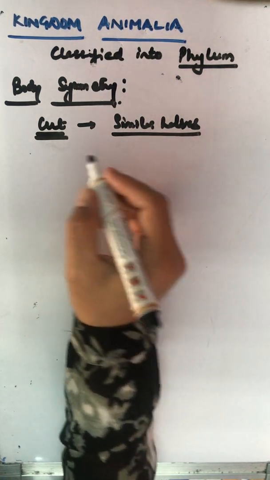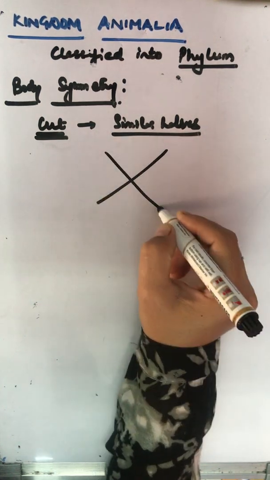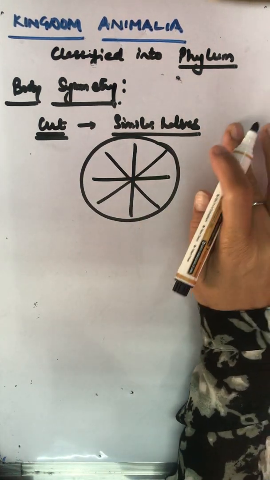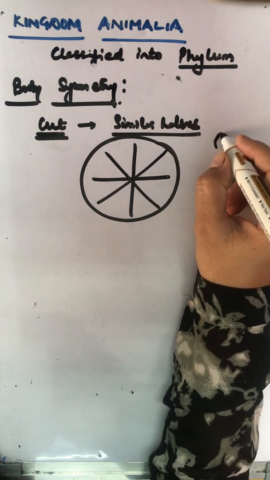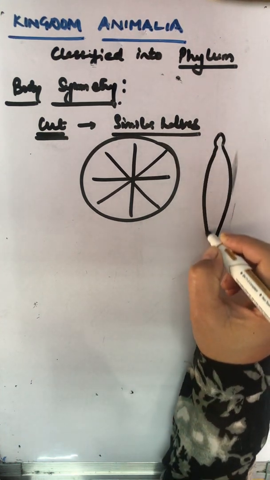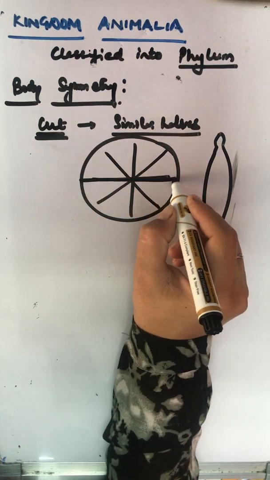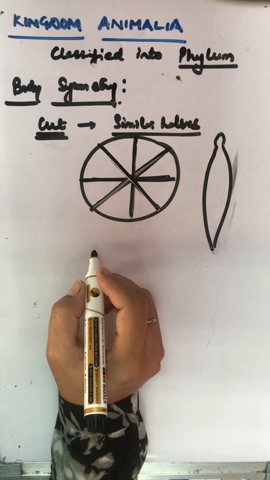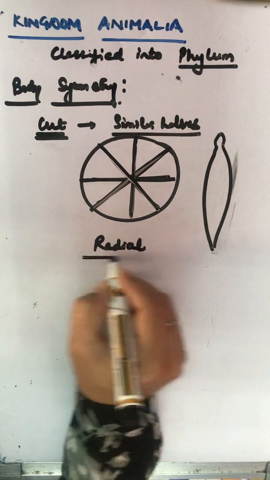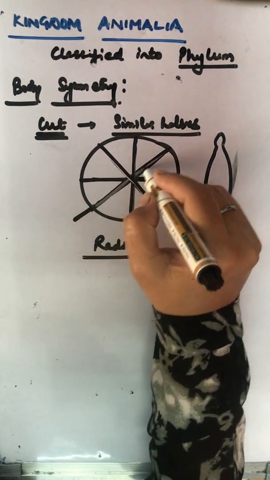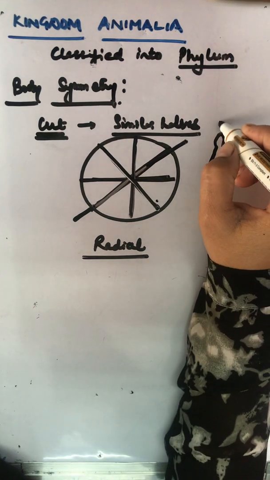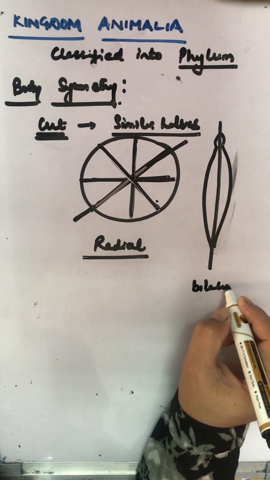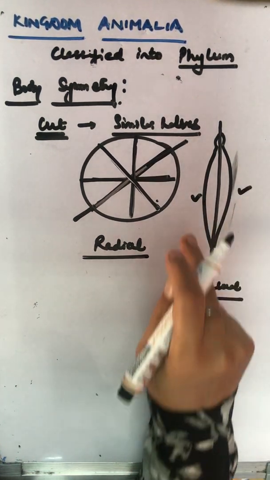If the body can be cut into two equal halves in any plane, that is called radial symmetry. If the body is cut into two halves only in one plane, that is known as bilateral, where each half becomes the mirror image of the other.